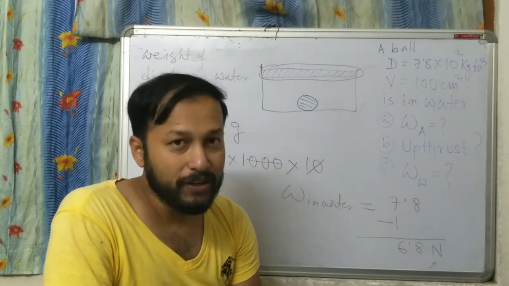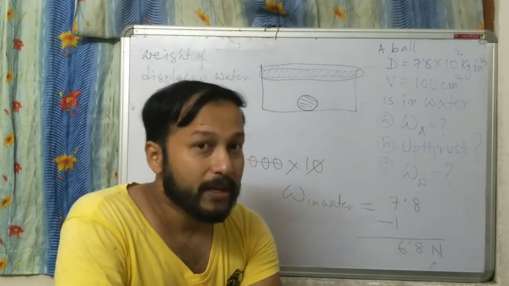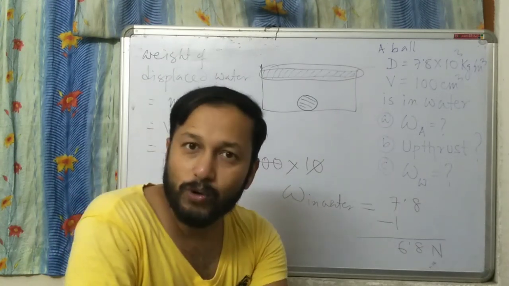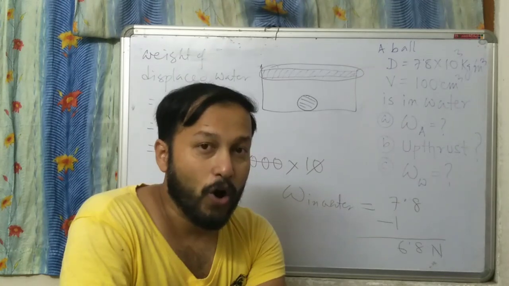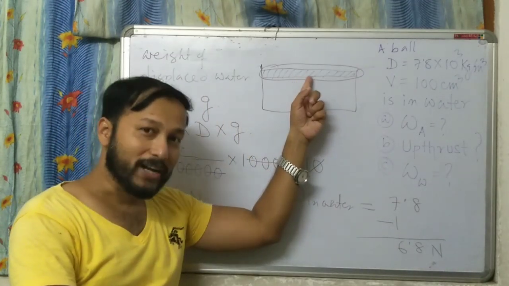Understood? So first we saw the weight of the ball in air. It was 7.8 Newton. And then we calculated the weight of the displaced liquid, displaced water.